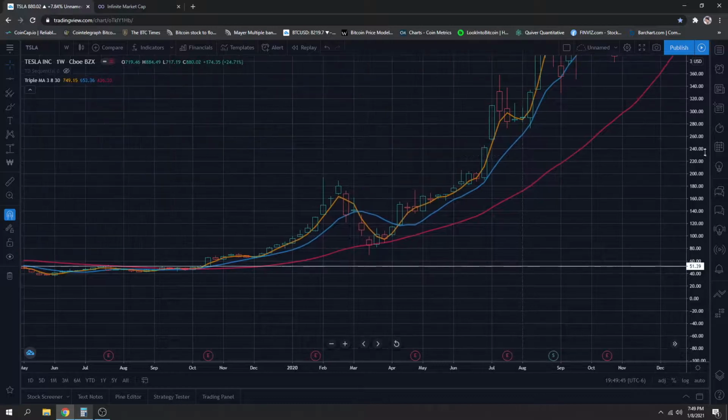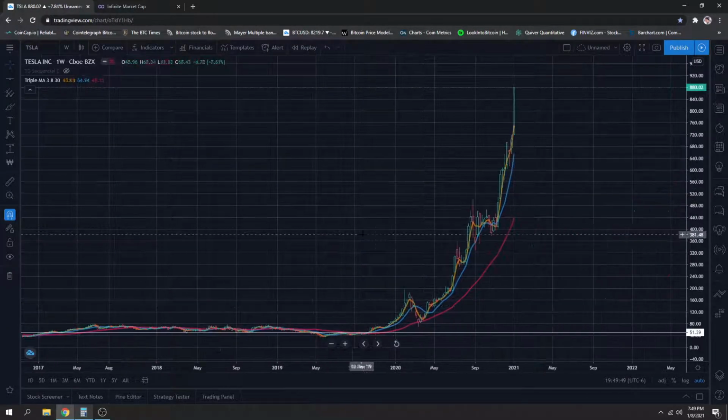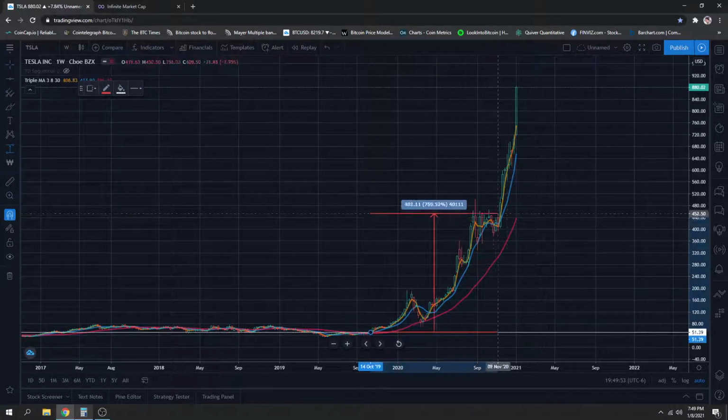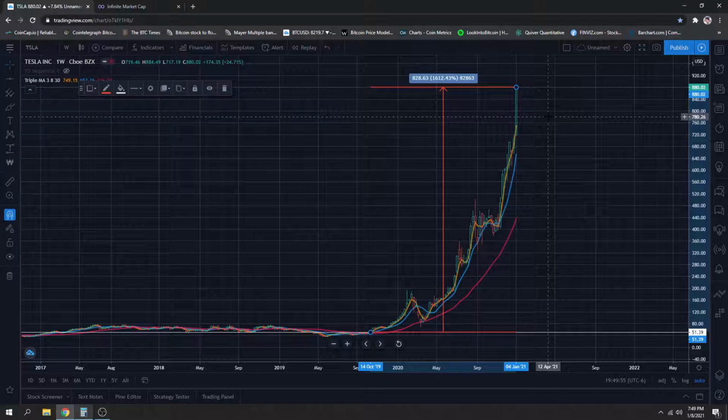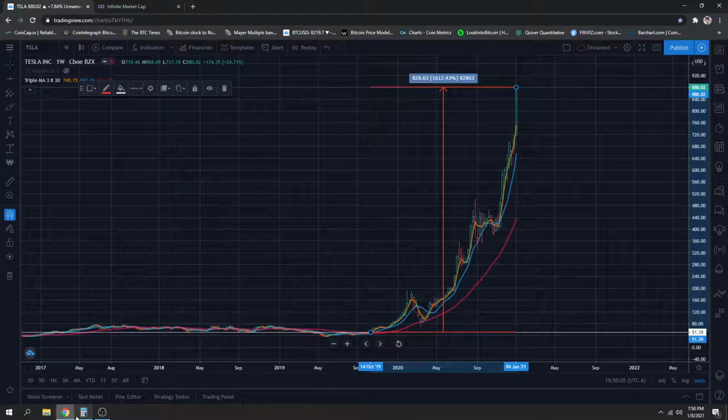This trend's continuing up. We would have a significant price increase. We would have an ROI of 1,600%. That's a 17x on your money, right?